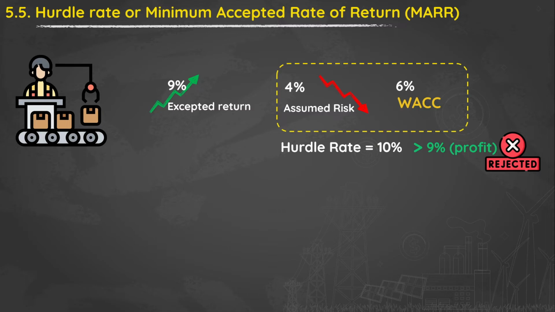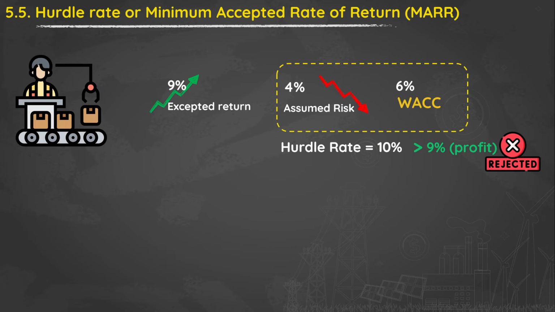Because in other words, in much simpler words, if you invested in something that is expected to give you a 9% profit, but you have a 10% of risk and WACC just to cover your capital expenses, even if you achieved the expected return, it's still not going to be profitable.